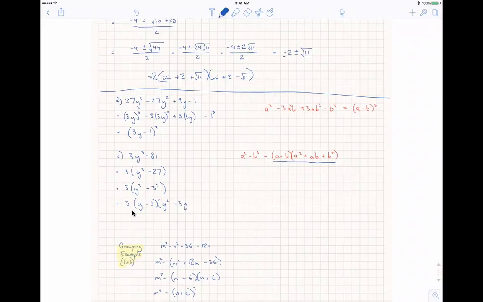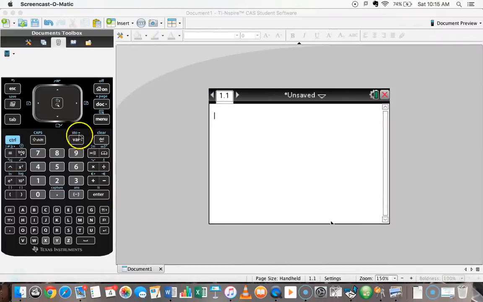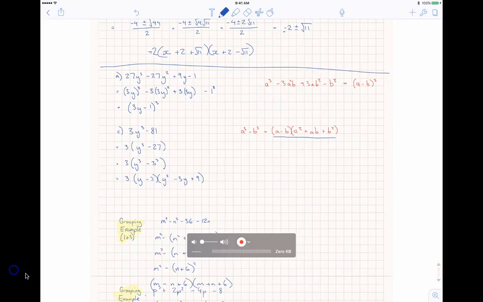And 3 squared is 9. Sorry, I just realised that should have been a plus there. So it should have been y squared plus 3y plus 9. Okay, so what I want you to do is stop and give yourself a go at questions 1, 2, 3, and 4 from the first exercise, exercise 1.2.